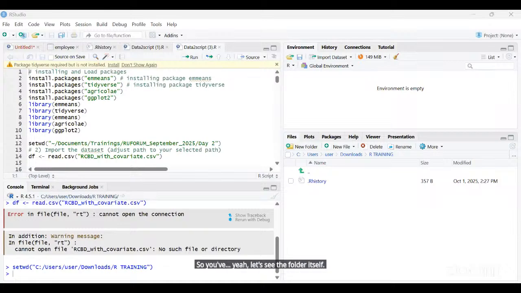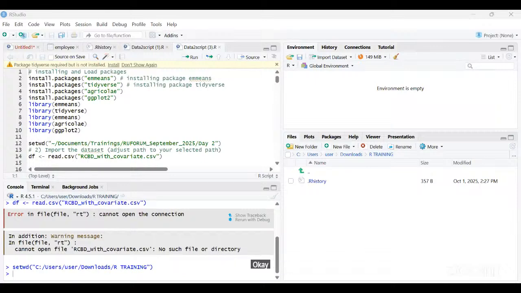There's R history. You have only R history. Is there any folder inside there? Let me open it again. It gives you an option of opening with RStudio. No. You see the name. You go to your line number 14.